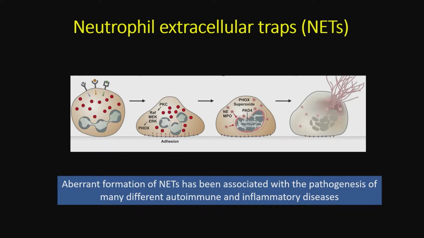At the last step, the outer cell membrane lyses, and these neutrophils eject these chromatin-like spider webs that occupy a lot more space than the actual size of the cell. The putative role of this process is to engulf bacteria and to facilitate their elimination. However, when this process becomes aberrant or enhanced, either by increased net formation or delayed net clearance, it's been associated with a lot of different autoimmune type diseases.